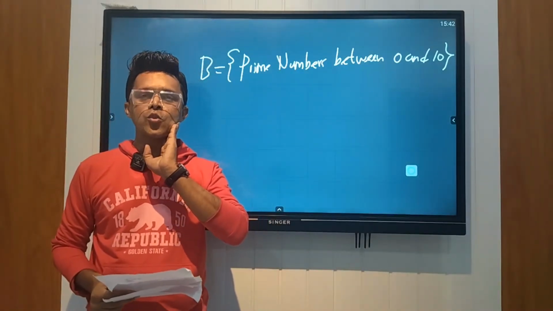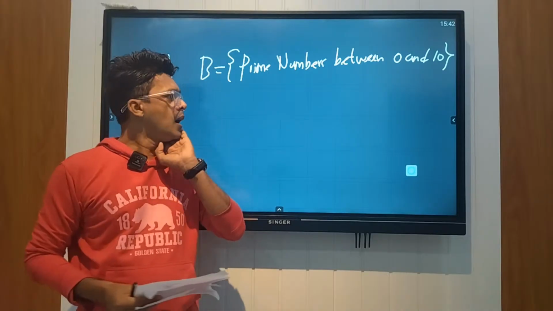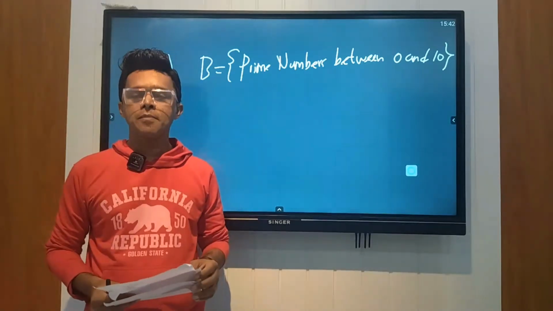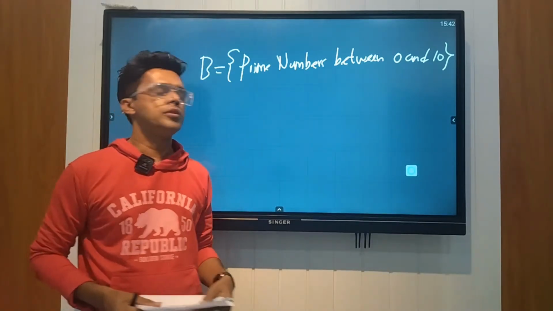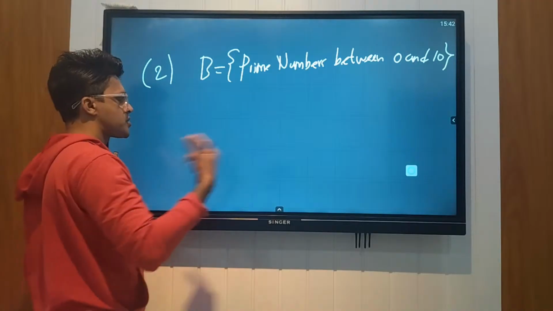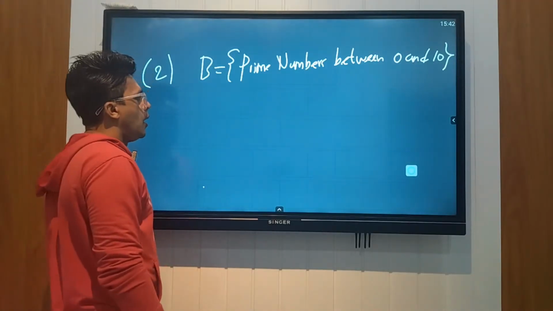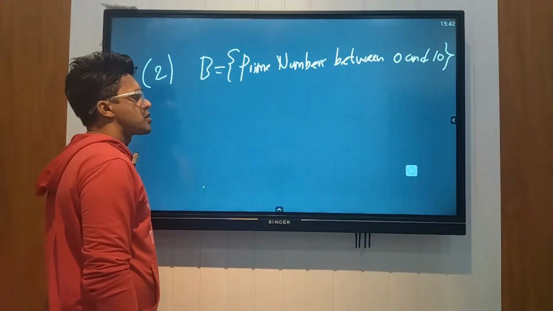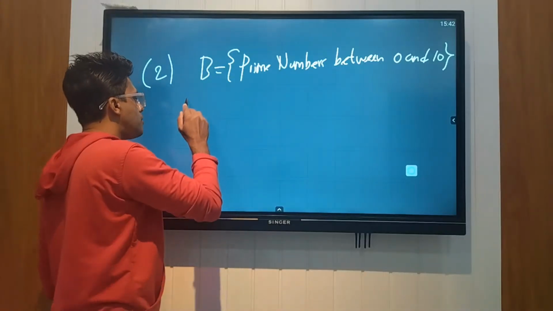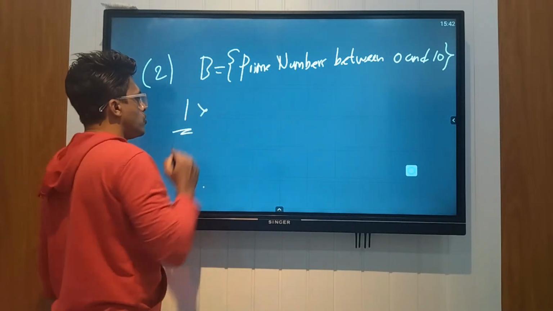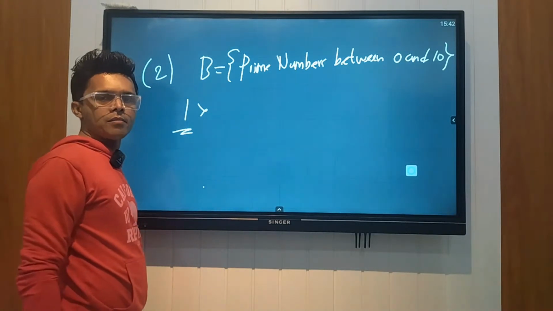Now, you need to recall prime numbers. What are prime numbers? Tell me, just remember. Are we able to consider 1 as a prime number? No, we can't consider 1 as a prime number.